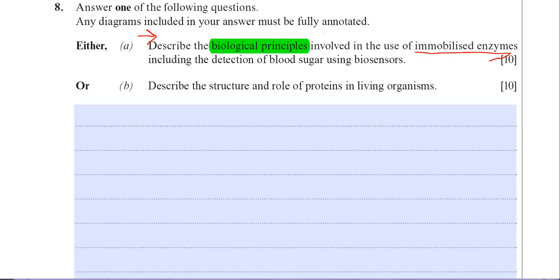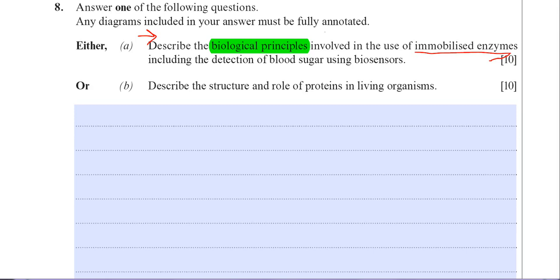The step up from that is the digital biosensor, which is the major one that you need to know for your exam. So you can mention a couple of advantages of using biosensors. For example, they're accurate, they're highly specific. Because they use enzymes, it means that they will only detect a specific substance. They're very sensitive, which means they can detect low concentrations of a substance.